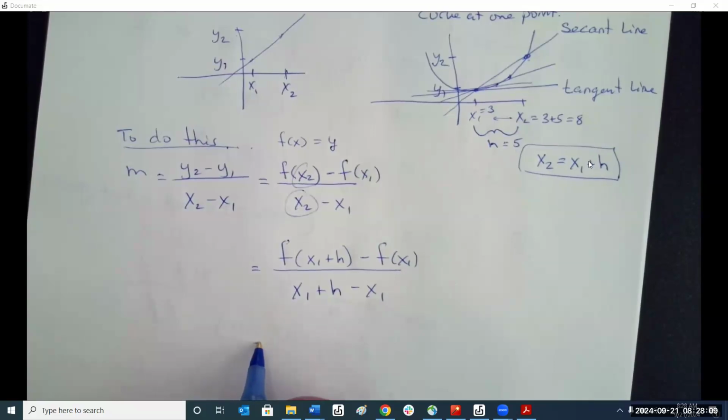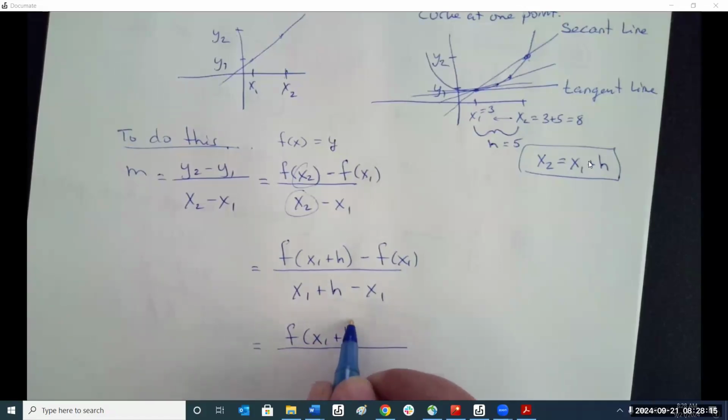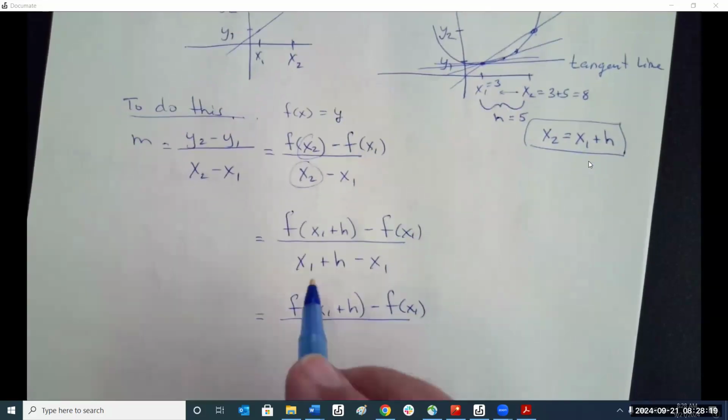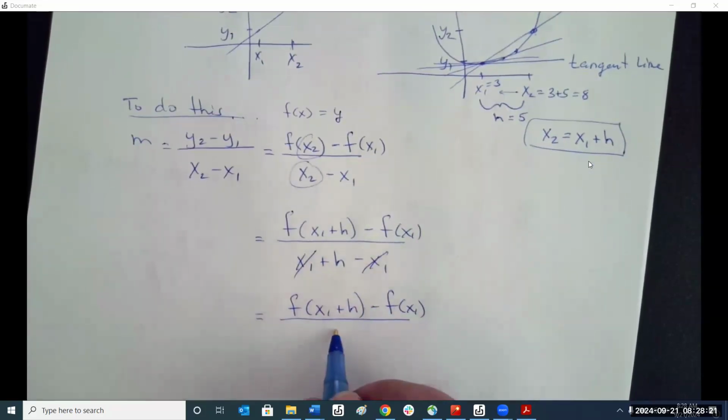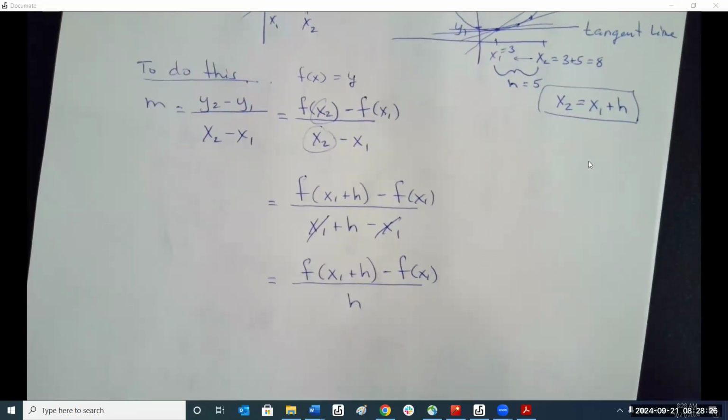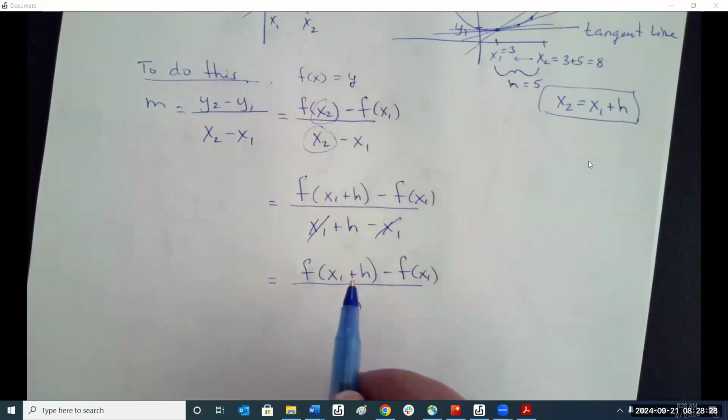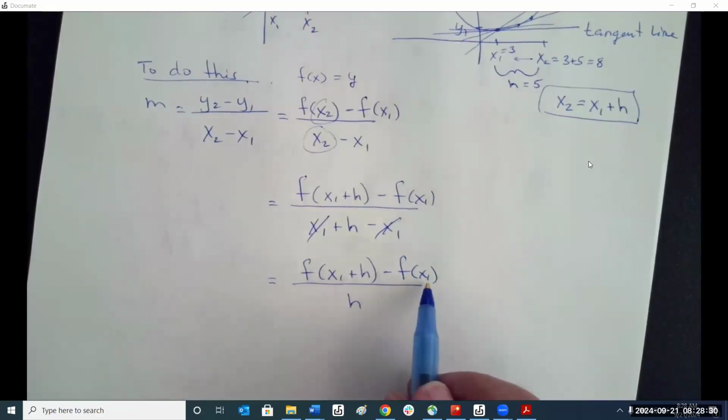Let's simplify that. We have f of x1 plus h minus f of x1. The x1's cancel down here, so we just have h. Notice, now all we have is x1.